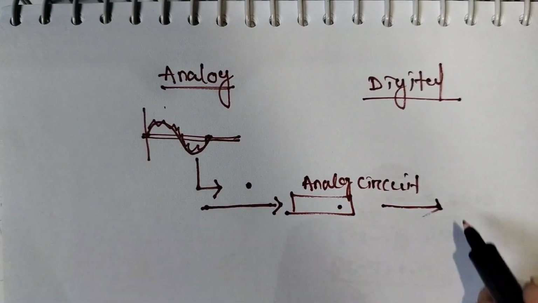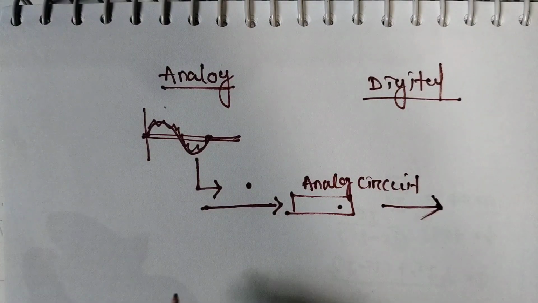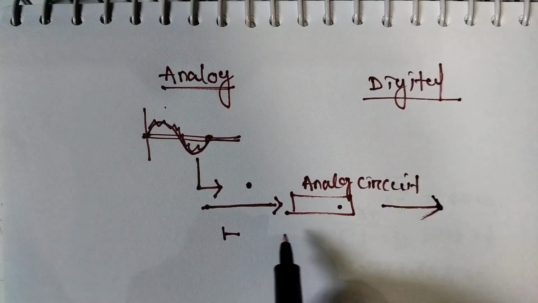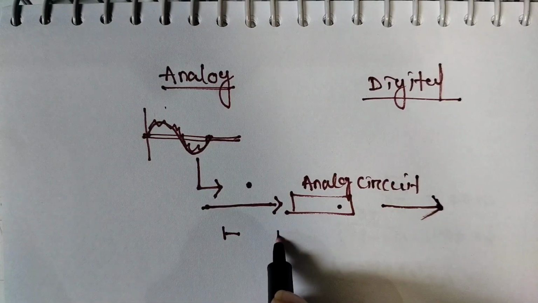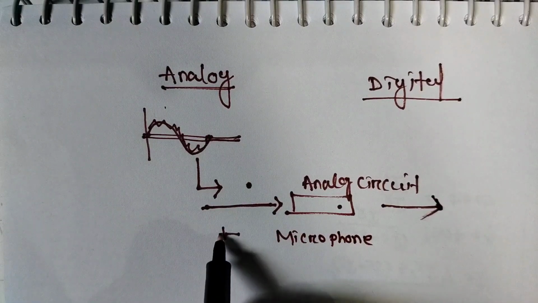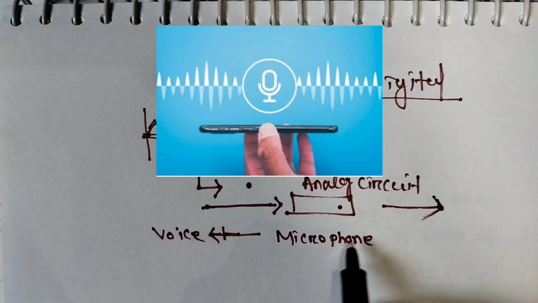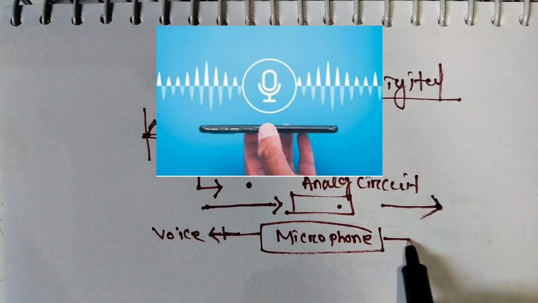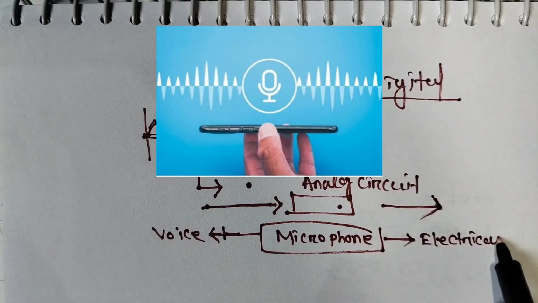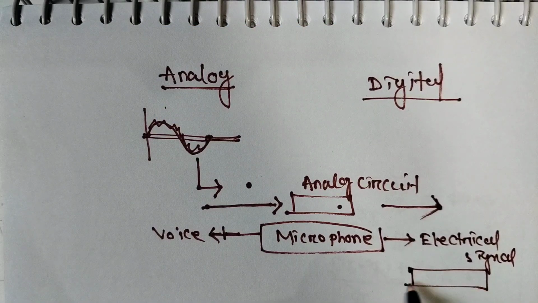In the analog circuit, you can take a real-life example. Suppose you consider your mobile phone microphone as one analog circuit. What happens in the microphone is that our voice is converted to an electrical signal, so that the electronic system gets an understandable signal.